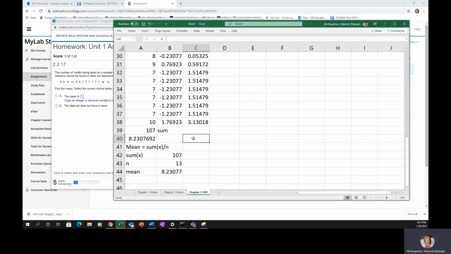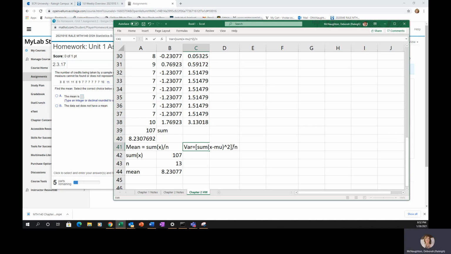for the variance is the sum of X minus U squared. I'm going to put that in a bracket.